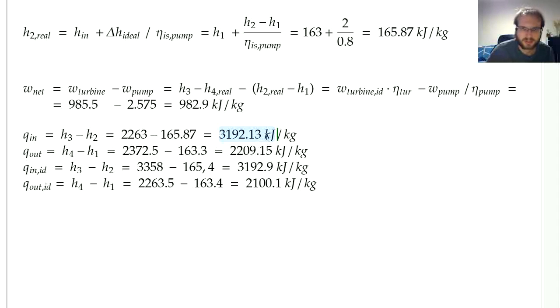This is because of the pump outlet being at a little bit larger entropy, but still the difference is less than 1 kilojoule per kilogram, and the heat outlet, the rejected heat from the condenser, is more than 100 kilojoules per kilogram larger now.